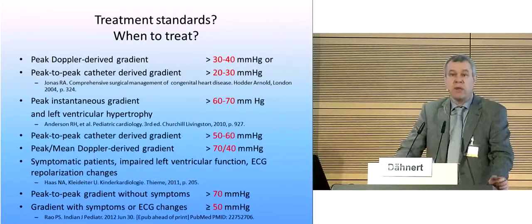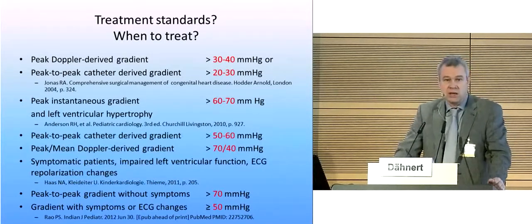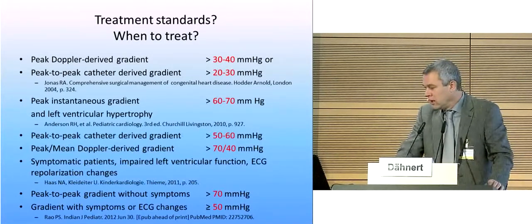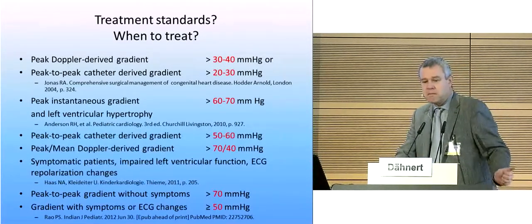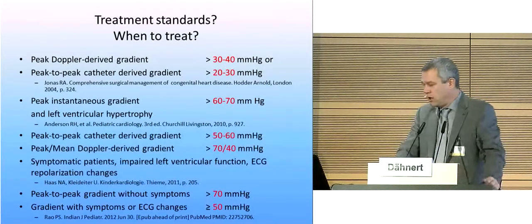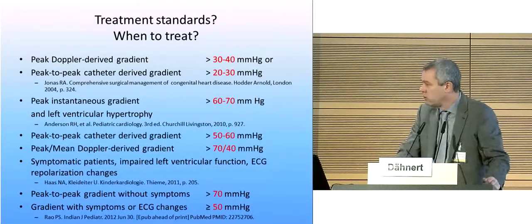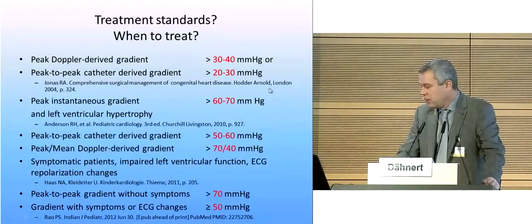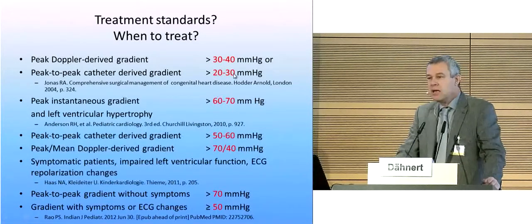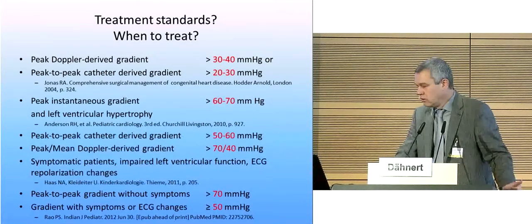So do we have treatment standards? I thought that's easy, but that's not true. The textbooks give you totally different treatment recommendations. The surgeons are the most aggressive, at least Mr. Jonas. He said a peak-to-peak catheter gradient of 20 to 30 millimeters is enough to do an intervention.